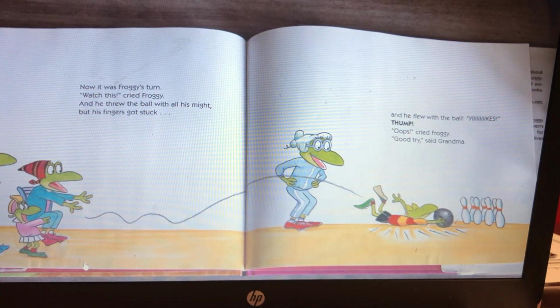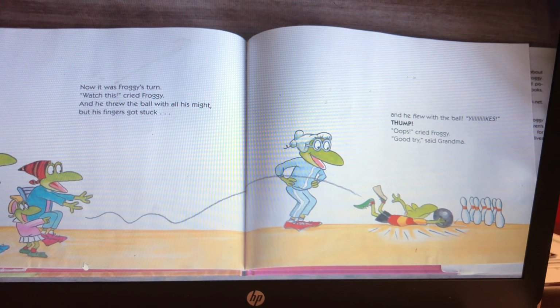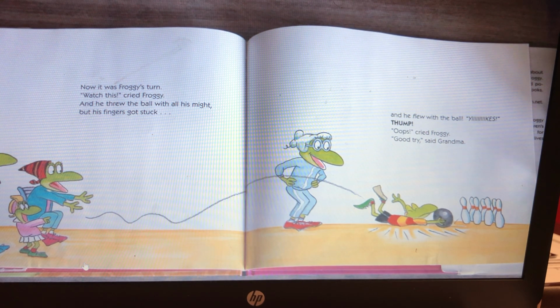Now it was Froggy's turn. Watch this! Cried Froggy. And he threw the ball with all his might, but his fingers got stuck. And he flew with the ball. Yikes! Thump! Oops! Cried Froggy. Good try, said Grandma.